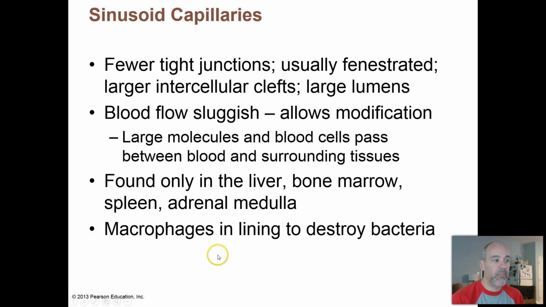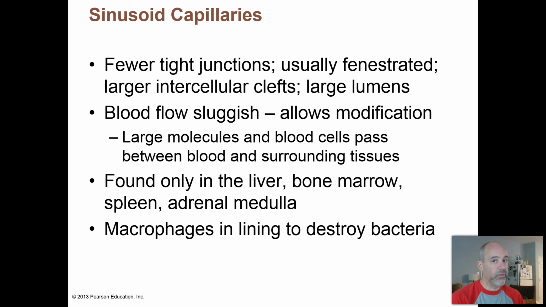You have macrophages as well. Remember, those are derived from monocytes. They do phagocytosis. They're like the vacuum cleaners of your body, so they destroy things like bacteria and other types of microorganisms that might inappropriately be in your blood or these organs where these capillaries are located.